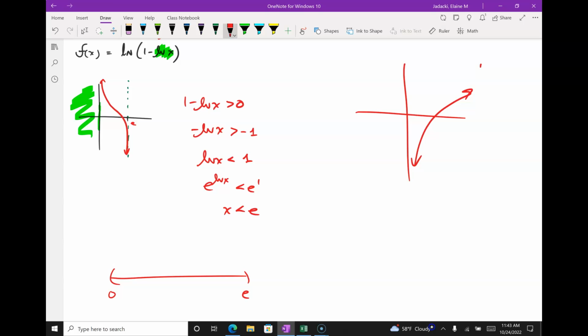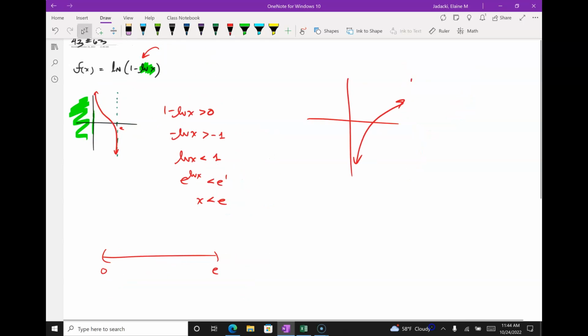What about the increasing, decreasing, and local min and max? Looks like it's always decreasing, right? Do you agree? And no min or max. So my first derivative test should always be negative. Let's find the derivative.